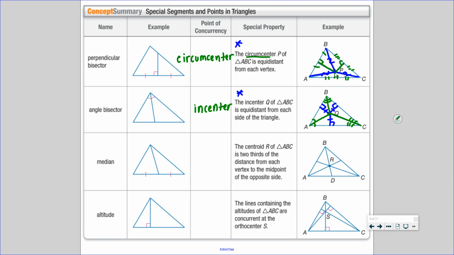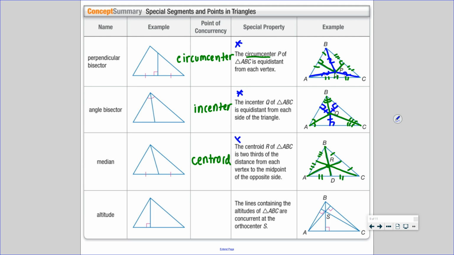Our two new ones from 5.2, where our medians intersect. So medians and altitudes are always like from a vertex to the opposite side. A median is from the vertex to the midpoint of each side. From vertex to the midpoint. Vertex to midpoint. Those connect at the centroid. That's the one where our triangle balances.